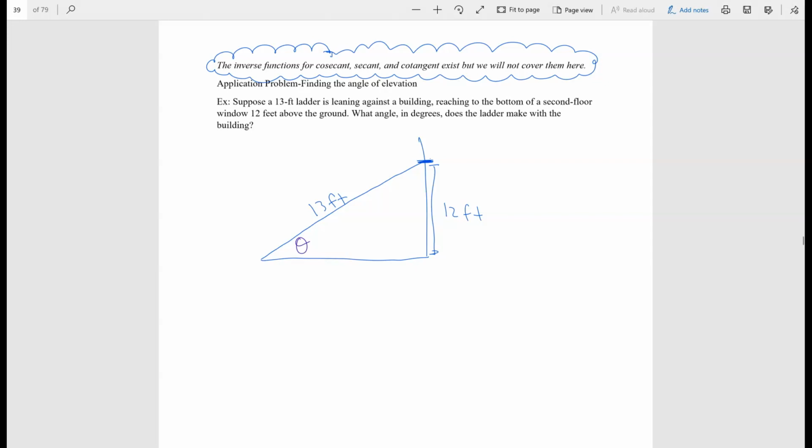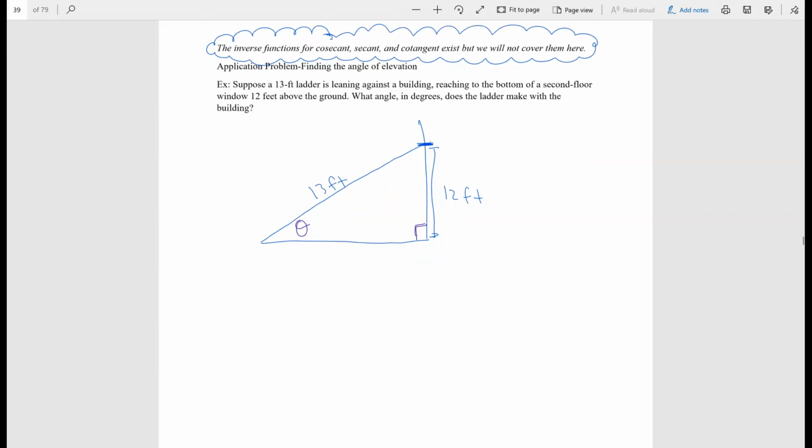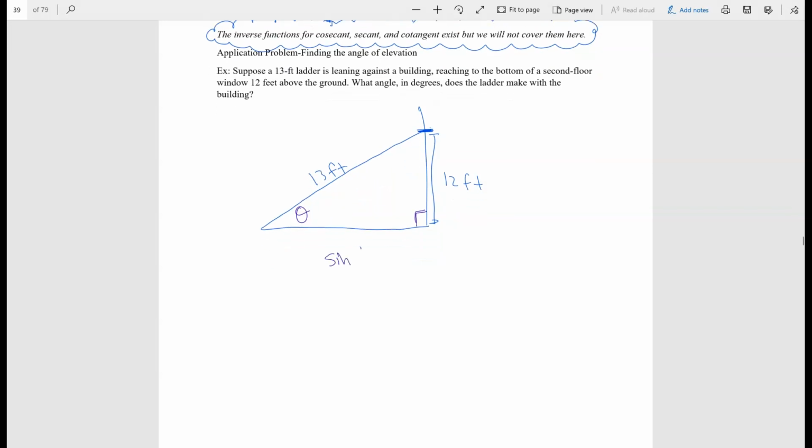Notice that I have the other two lengths already. We're so used to having the angle of elevation, but now we don't have it. So we can think about what trig function would best fit this scenario. Clearly it's the sine function, because sine of theta equals the opposite over the hypotenuse, which in this case is 12 over 13.